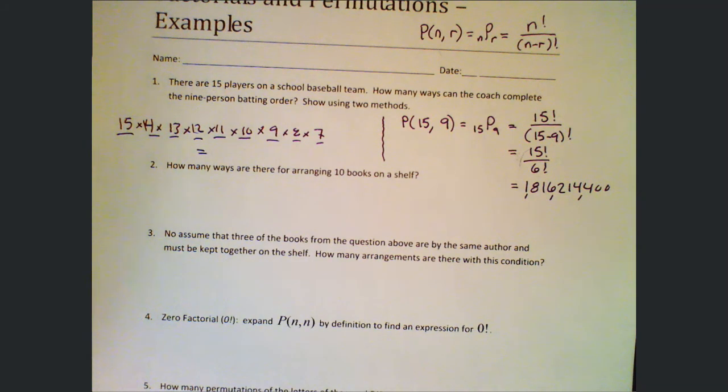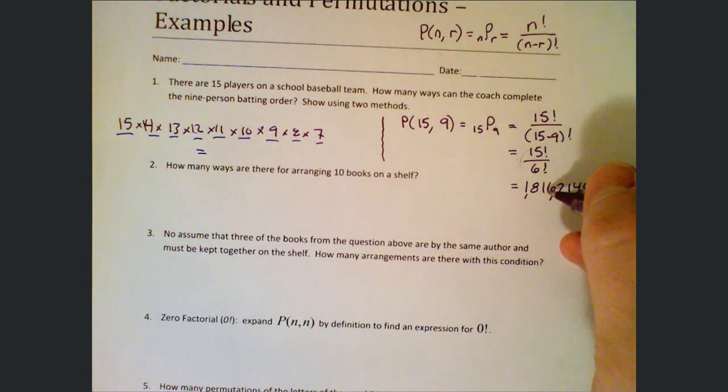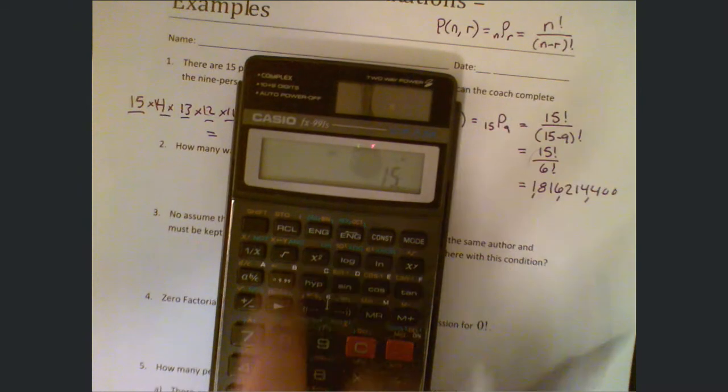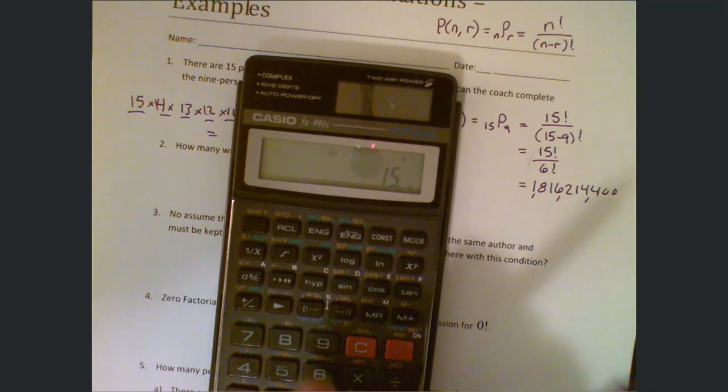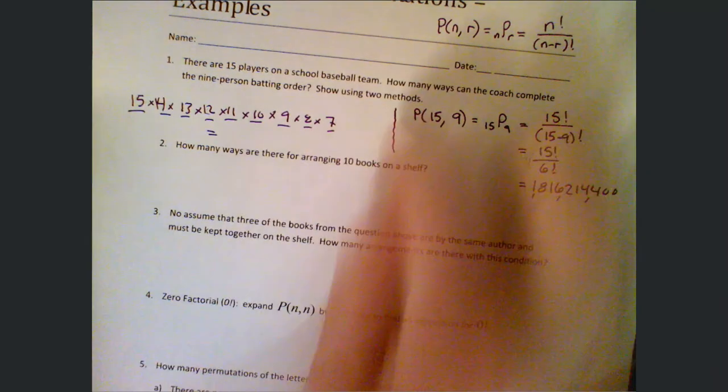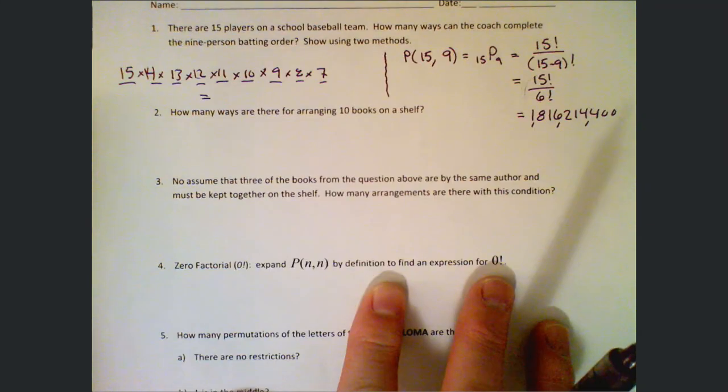That's a lot. So you could expand it out this way to get the answer, or you could go right at the beginning and go 15 P9. Exact same answer. Writing it out like this is helpful. Using the calculator also makes it a little bit easier.